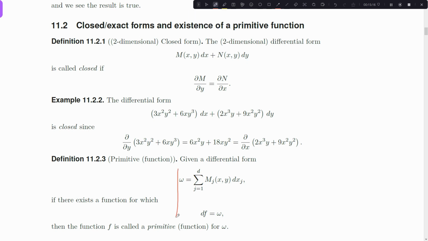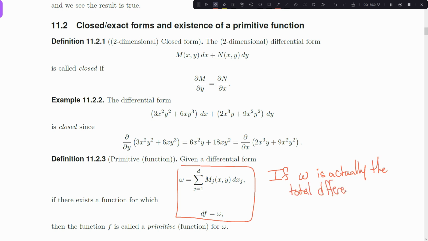What this is saying is if omega is actually the total differential of some function f, then we call f a primitive of omega.